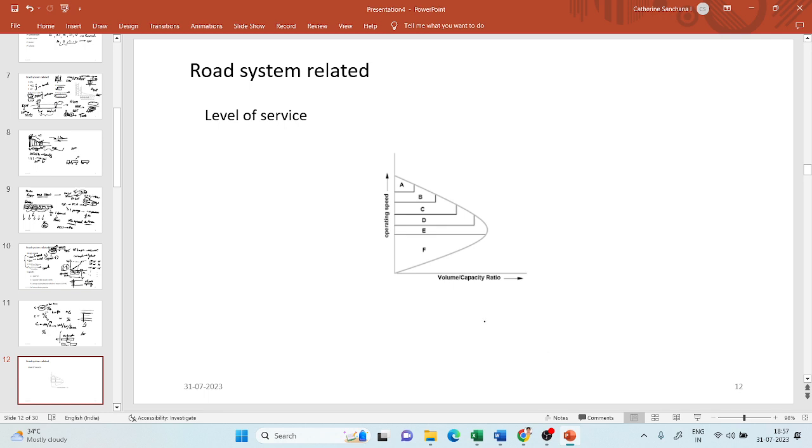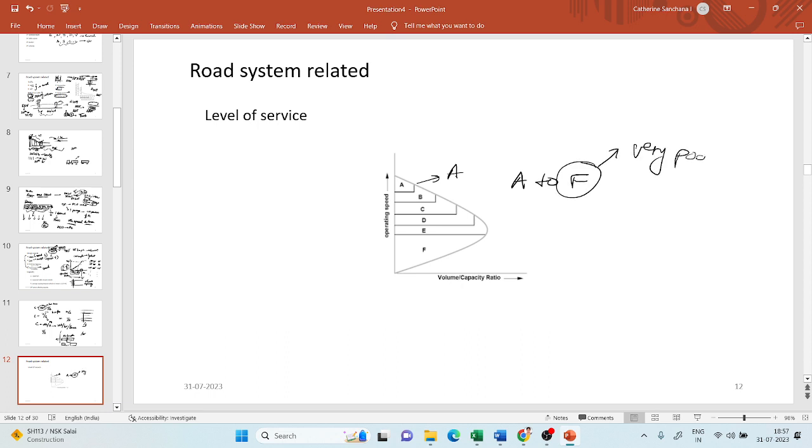Now, if my pavement or if my highway is extremely comfortable, I will say that it has a level of service of A, and it goes like that. It has 6 levels of service from A to F, F being very poor.